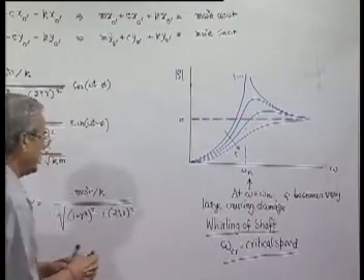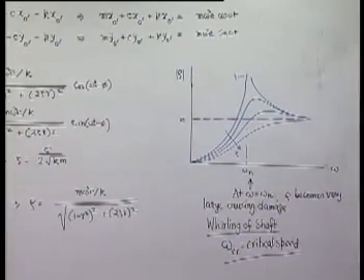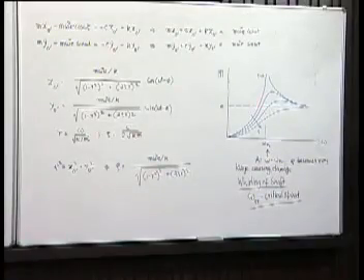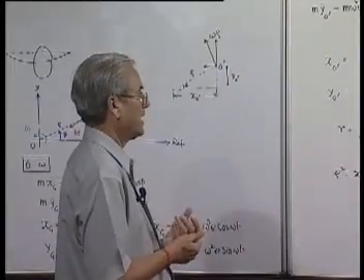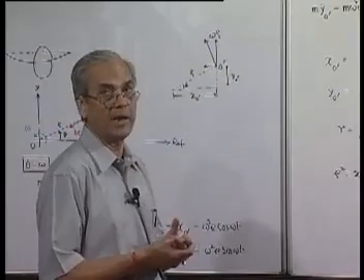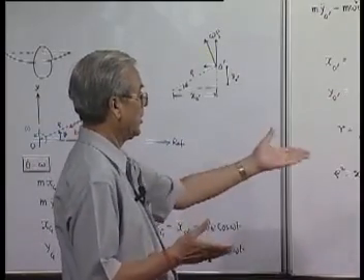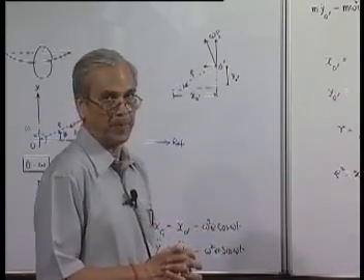Therefore, while designing a rotating system, it is essential for the designer to keep in mind that the rotational speed of the system should never go anywhere near the first critical speed or the critical speed of the system.